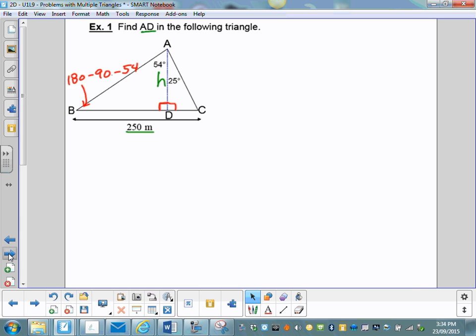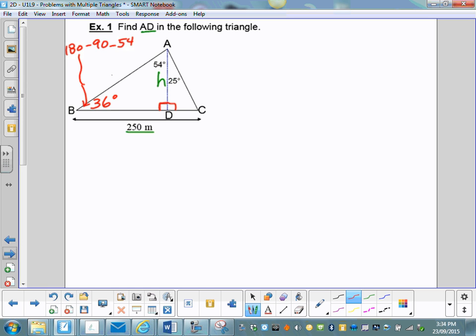So if I do that subtraction, I know that angle B is equal to 36 degrees. I'm going to move this up here out of the way. But we know that that angle is 36 degrees.